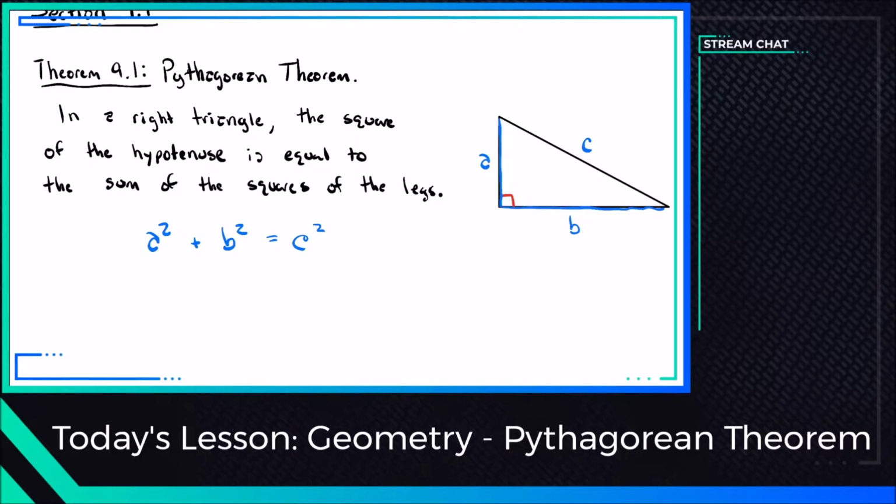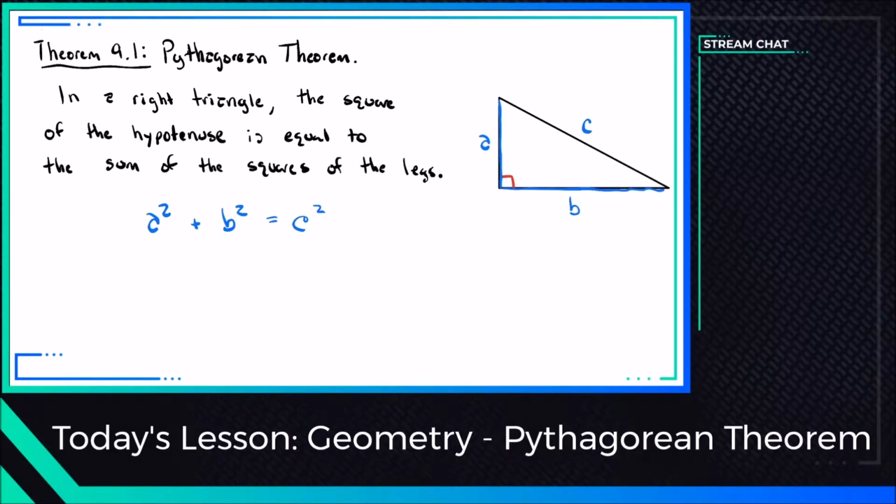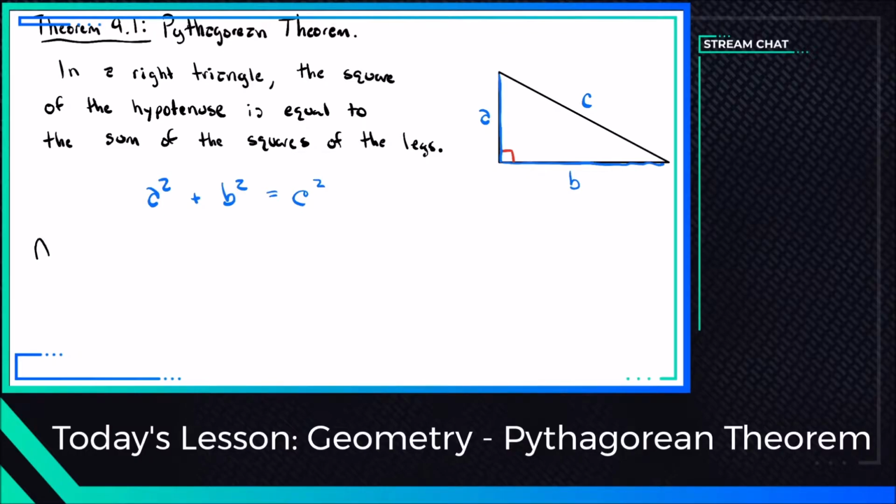And this is a very useful theorem for us. We're able to find the length of any one of these sides, say A, B, or C, by just knowing the other two sides. And we're going to start off by looking at what is called a Pythagorean triplet. And a Pythagorean triplet is the following.